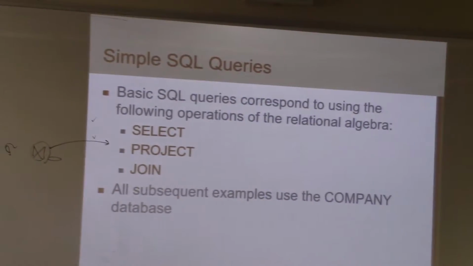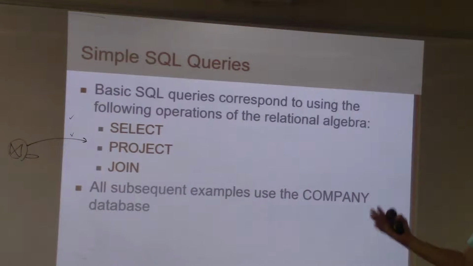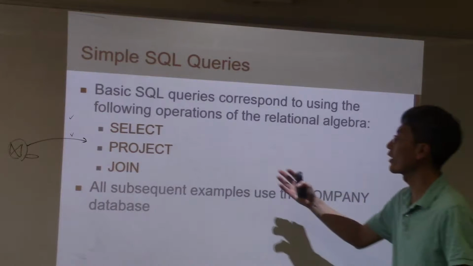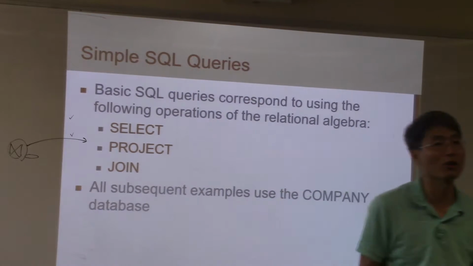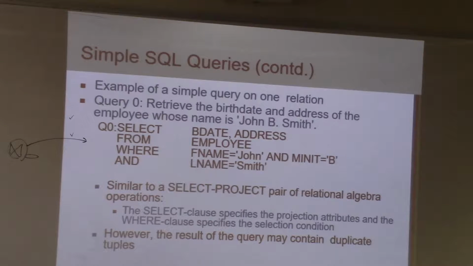So we can use the select-from-where clauses to select the data. The first thing is to retrieve the birth date and address of the employee whose name is John B. Smith. It's the first relational algebra.